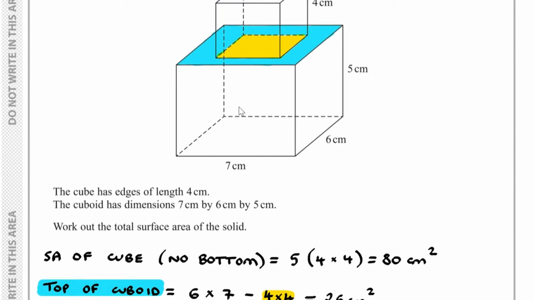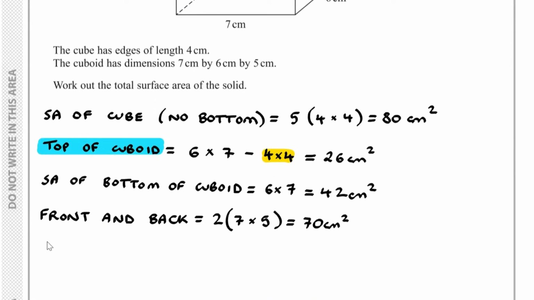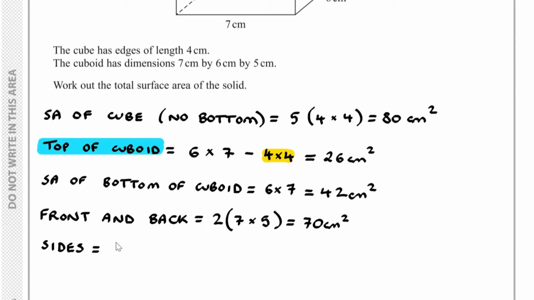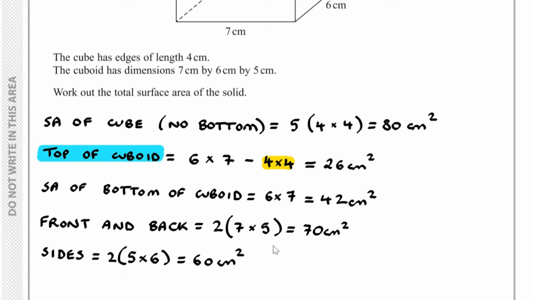And then I've got the sides. That's equal to, well, I've got 5 times by 6 twice. So I've got 2 times by 5 times 6, 30 times 2 is 60 centimeters squared.